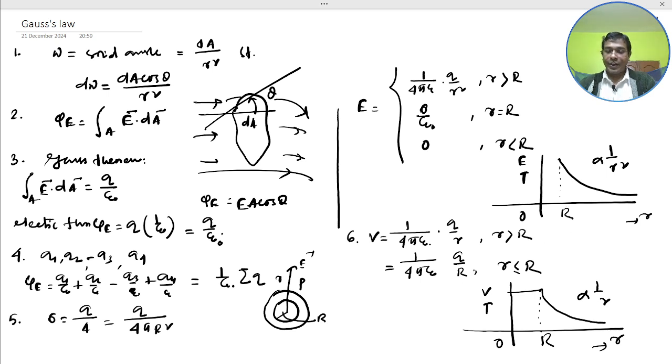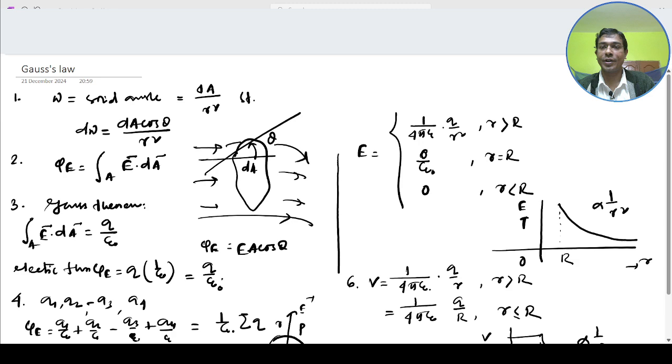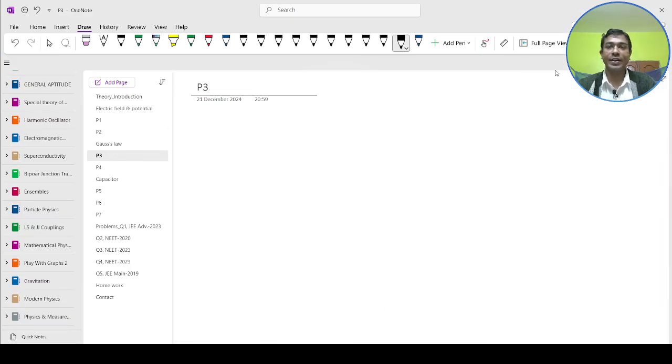So now, going ahead, the electric field intensity due to a uniformly charged non-conducting sphere. This is very important for the non-conducting case.